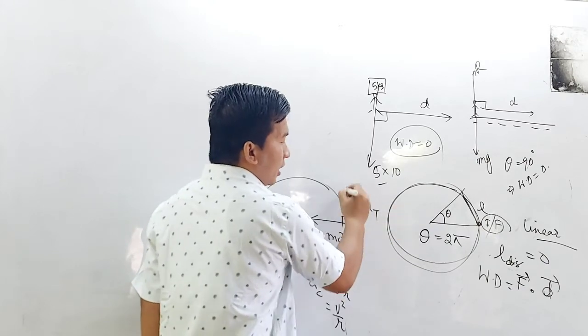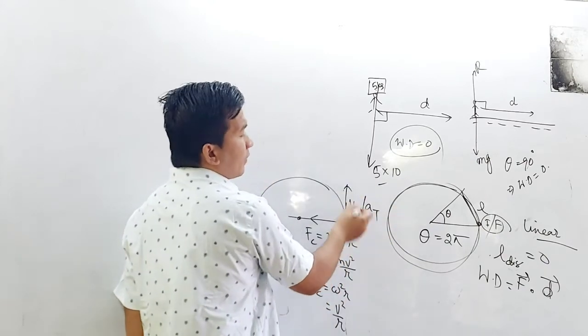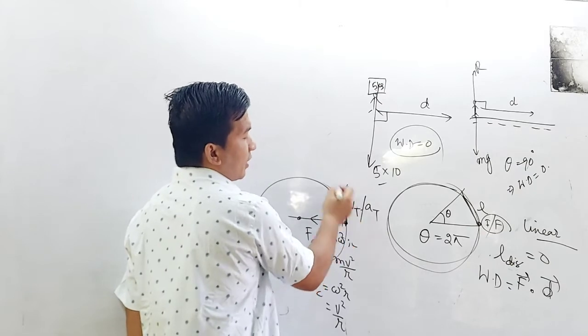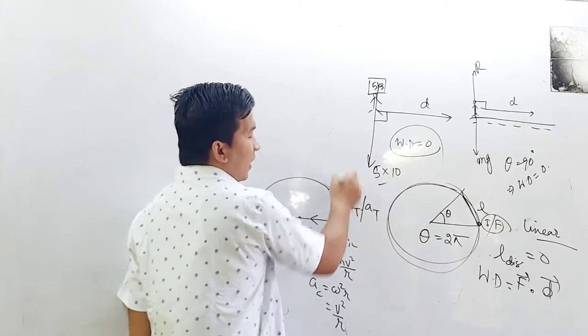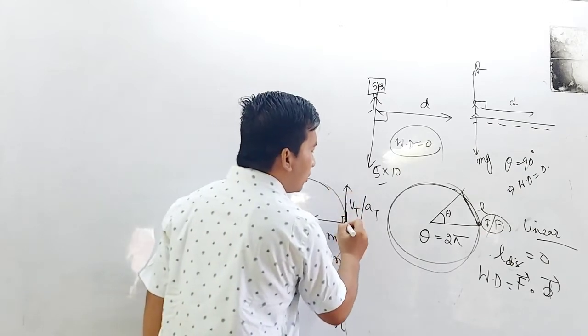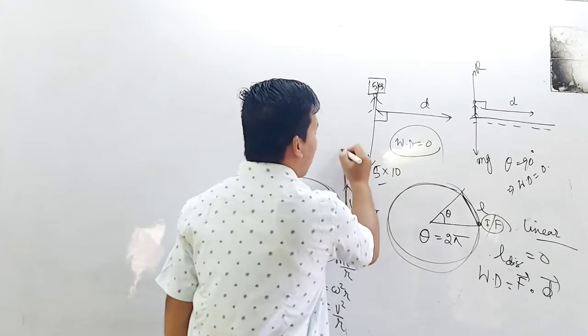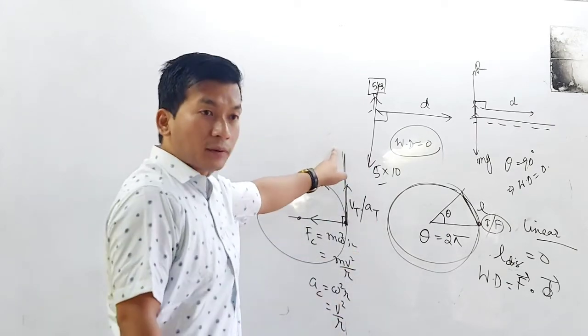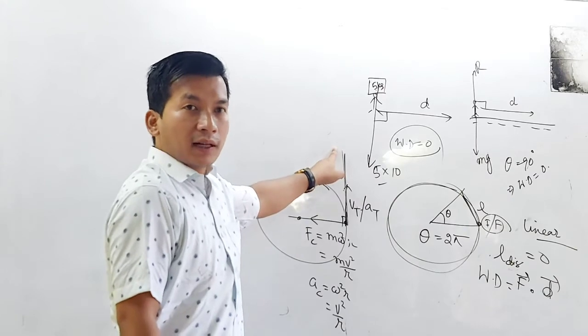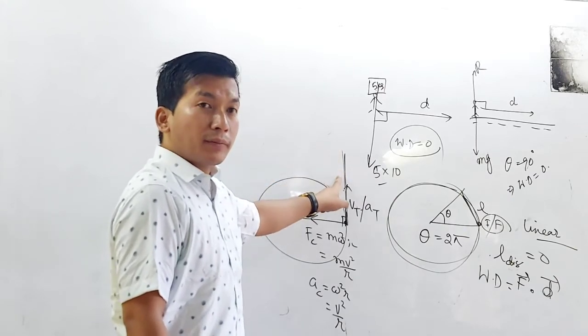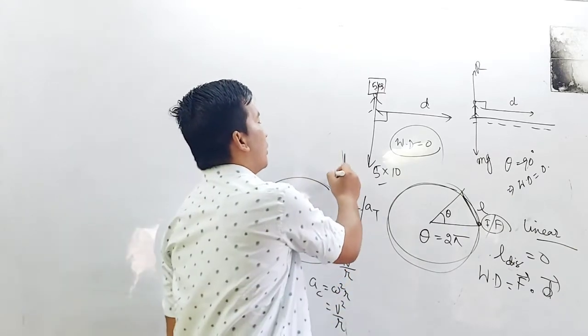When this circular object flies off, it will produce displacement along this tangential direction. I have already explained this. Understood? This is the direction of your displacement.